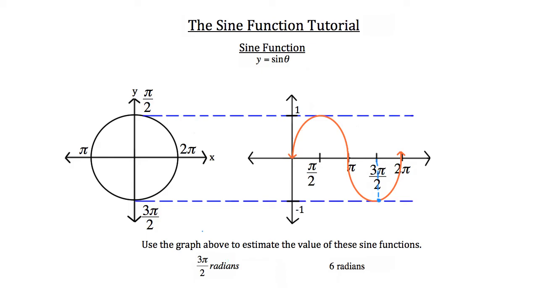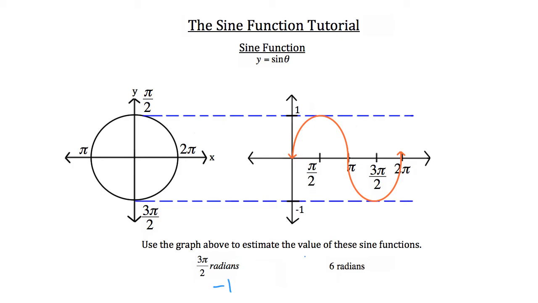Because remember, the sine function is looking at the y value in correlation with our unit circle. So down there at 3 pi over 2 radians, that has a value of -1 because it's the bottom of our unit circle down here at the bottom. So this value would be -1. -1 unit depending on the size of our unit circle, whether it's in meters, feet, centimeters, whatnot.